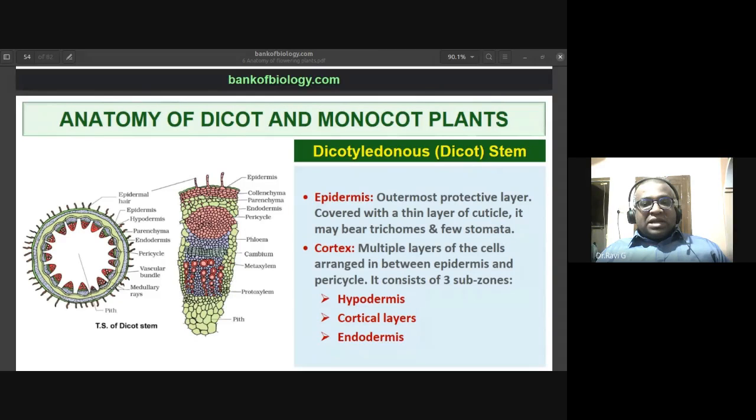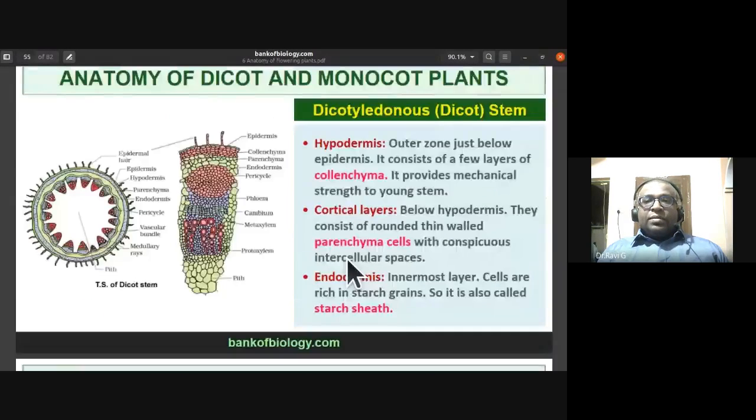So you can notice that they have three subzones: the hypodermis, the cortical layers, and what we call the endodermis, the innermost layer of the cortex.